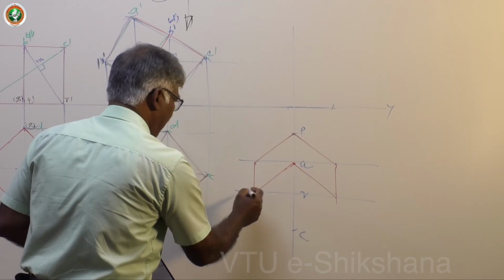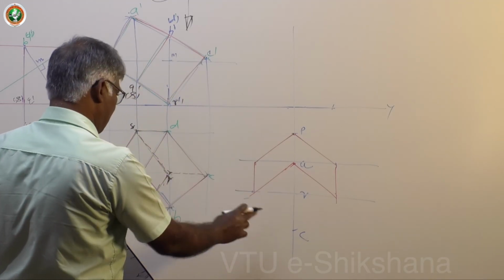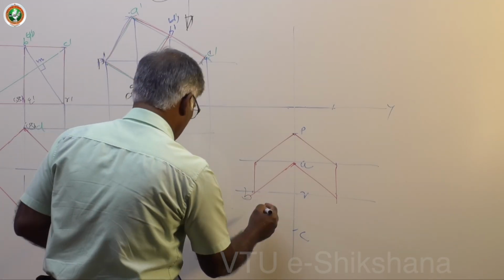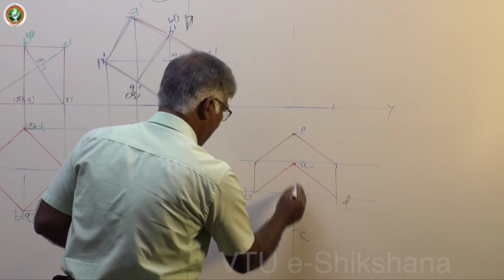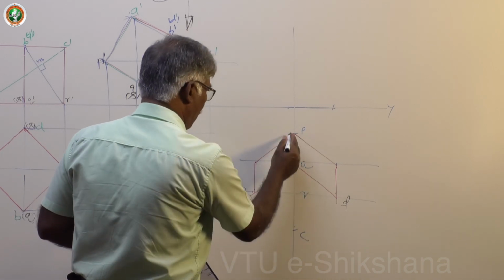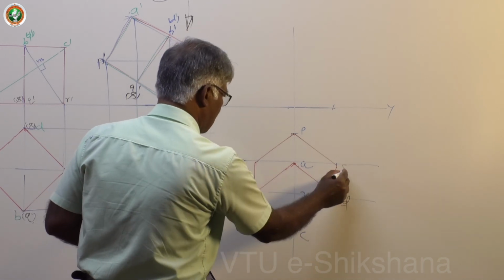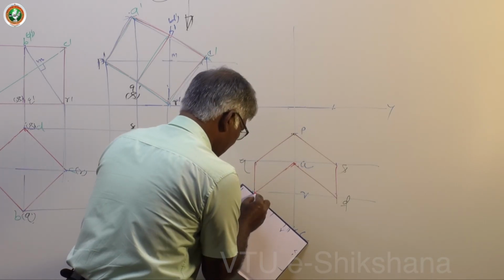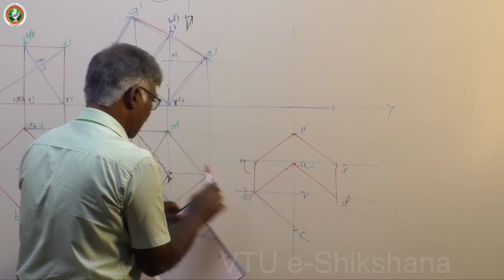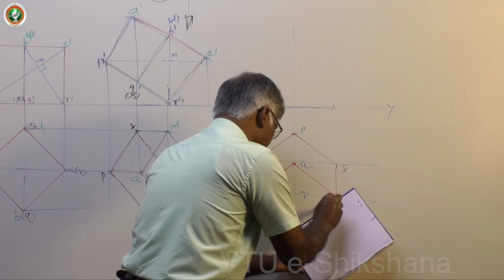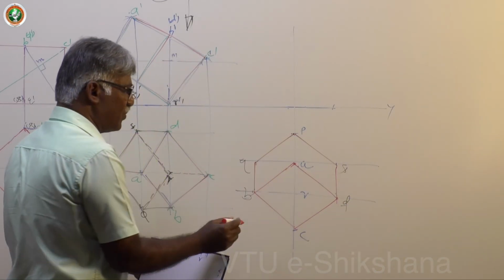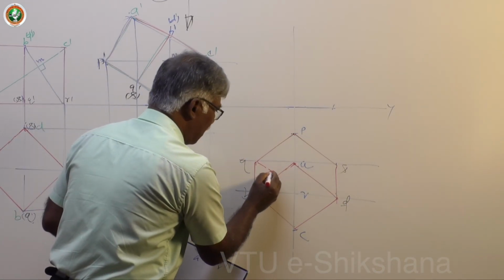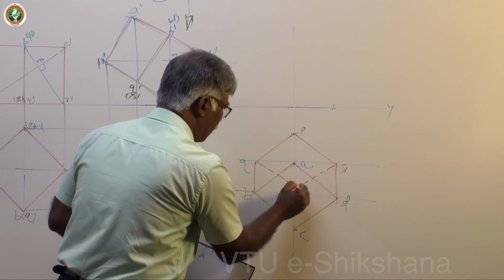Okay, if you take C this side, this is B, this one is D, this is A, B, C, D. Now P, Q, R, S. Okay. Now I am marking A, B, C, D visible. That's what we have taken here. Yes. P, Q, R is not visible, but boundary lines are covered by the P, Q, two lines.